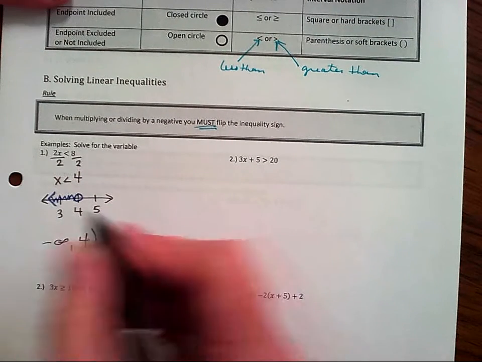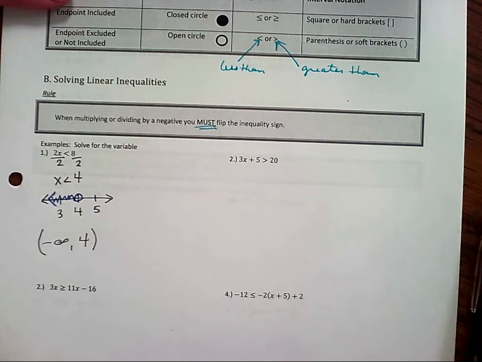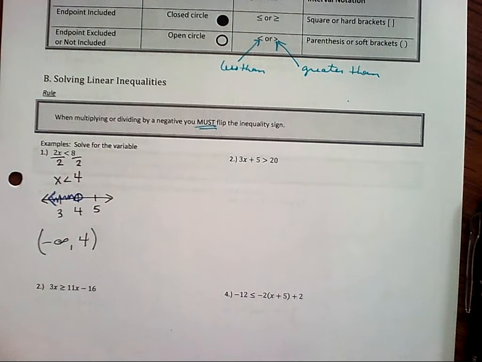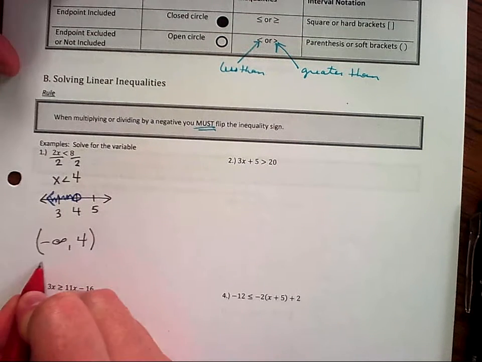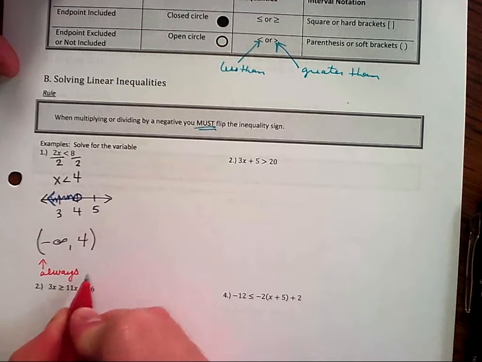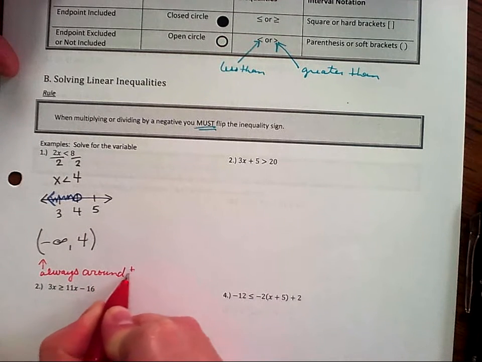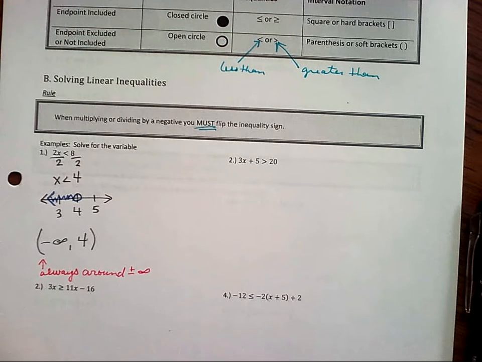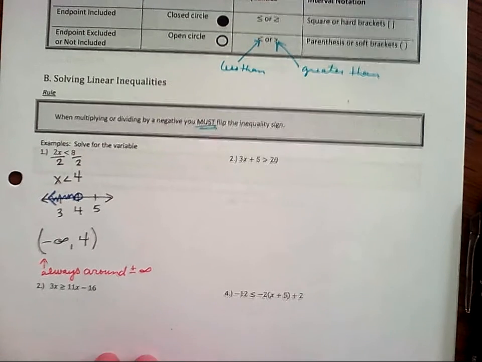Around negative infinity, I always, always, always have a soft bracket. Always a parenthesis around plus or minus infinity.